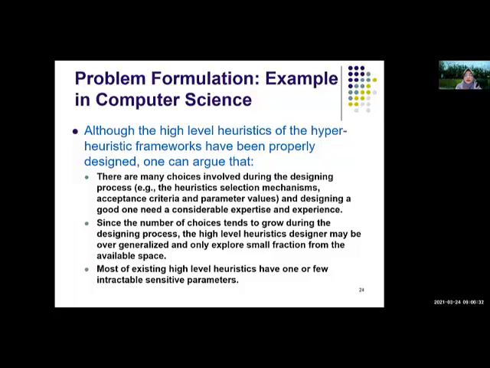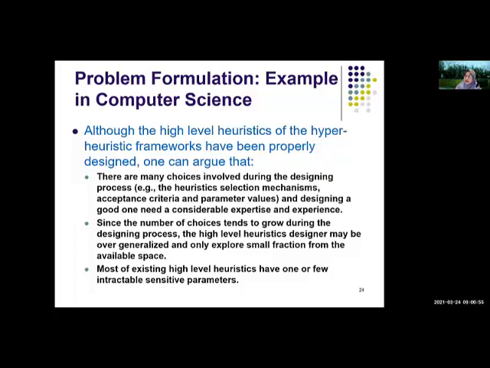Since the number of choices tends to grow during the designing process, the high-level heuristic designer may be over-generalized and only explore a small fraction of the available space. So most of the existing high-level heuristics have one or a few intractably sensitive parameters.